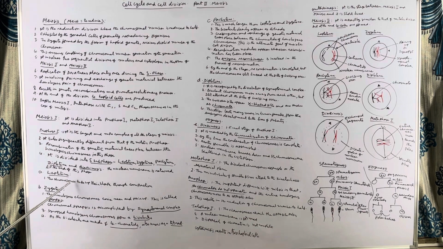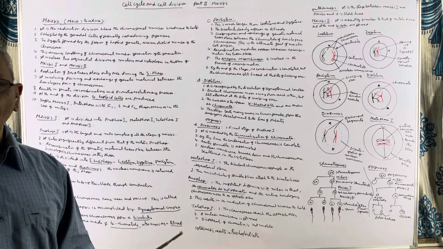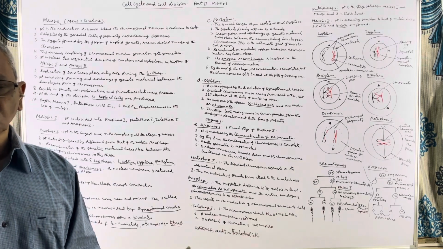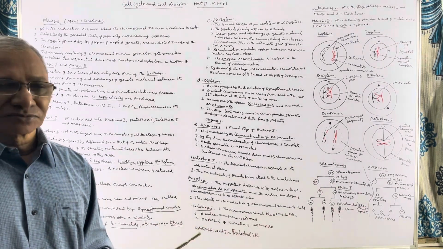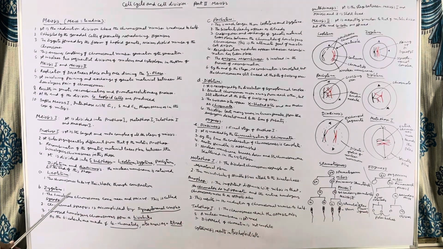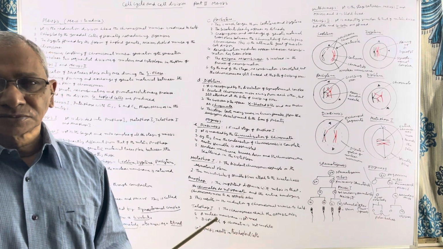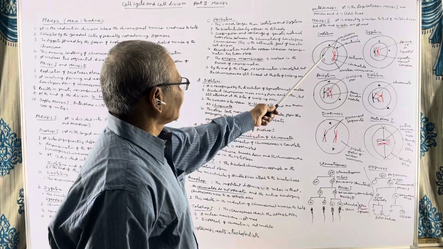Then, during leptotene, the chromosomes take up shape due to compaction of the chromatin material. So, the chromosomes slowly make their appearance. Then, in the next stage, zygotene, the homologous chromosomes pair up. I have drawn a figure here, leptotene.